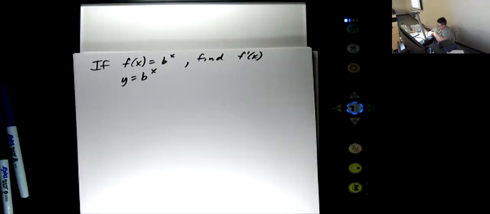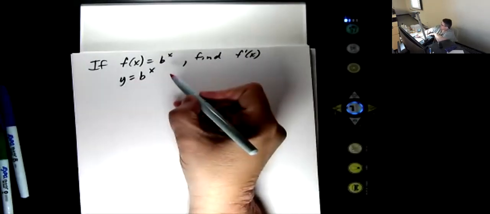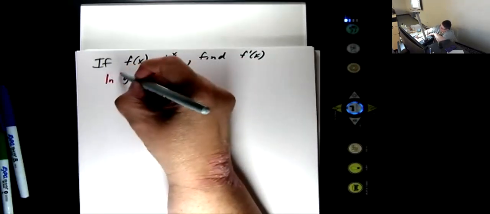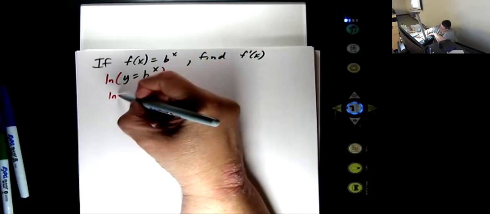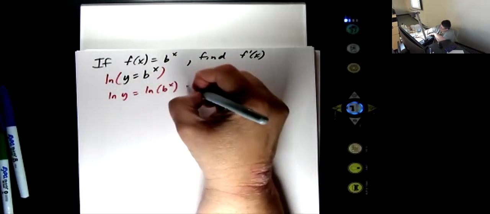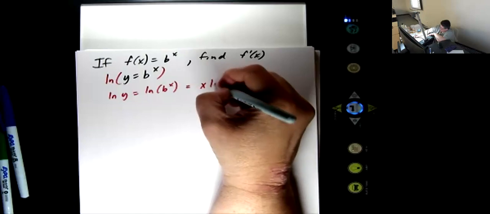And rather than doing the swap, we already had an easy method of dealing with something that had x in the exponents. Let's take the natural log of both sides. I'm going to get the natural log of y equals the natural log of b to the x, which equals x natural log of b.